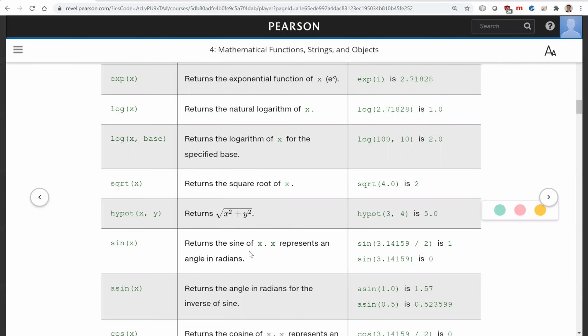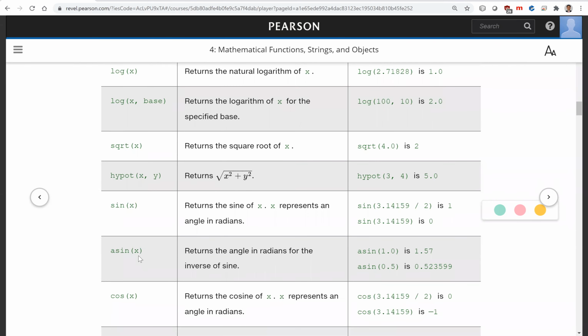sin returns the sine of x. asin returns the inverse of sine; for x, it returns the angle in radians.